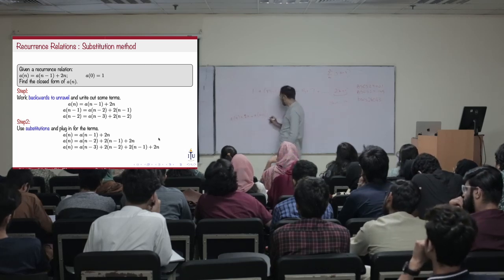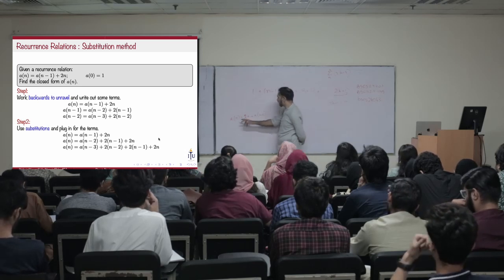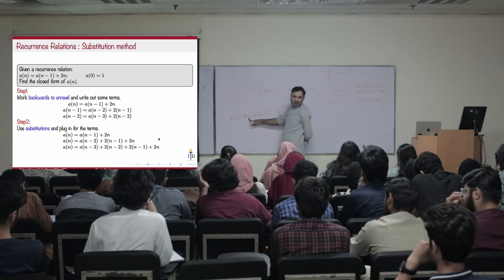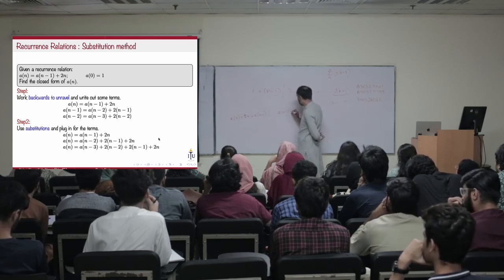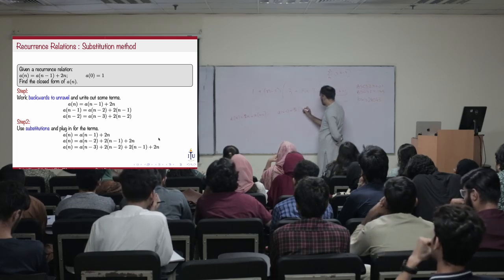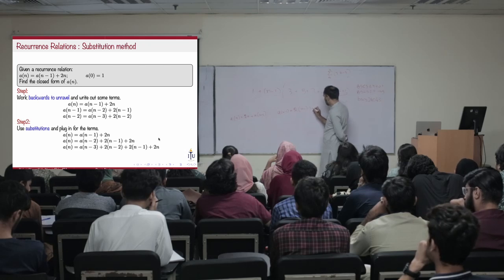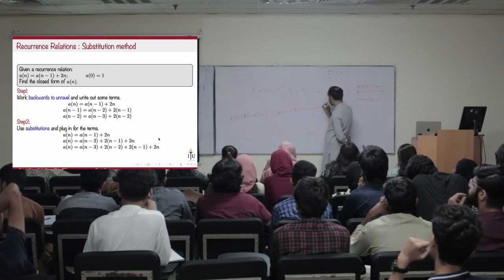If I write a of n minus 1 in this place, I would get n minus 1 wherever I had n. So I would get 2 times n minus 1 plus a of n minus 1 minus 1, which is n minus 2.